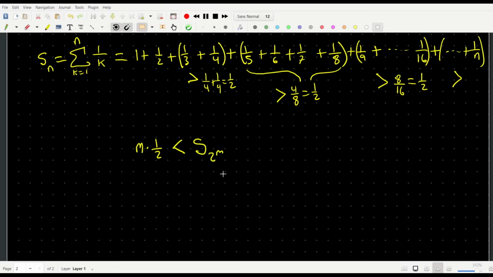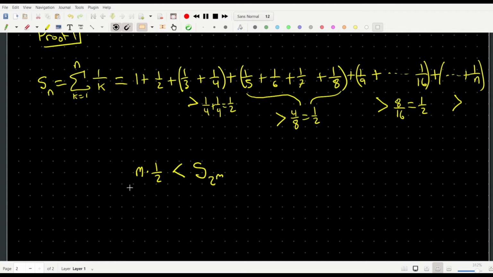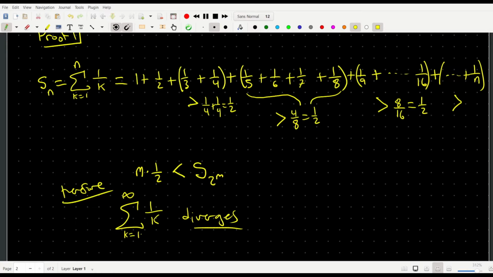In the limit as m goes to infinity, because m is going to infinity, this sequence of partial sums, S 2 to the m, also has to go to infinity. So therefore, the harmonic series has to diverge. And this is, I think, a very clever, very neat method of proving this.